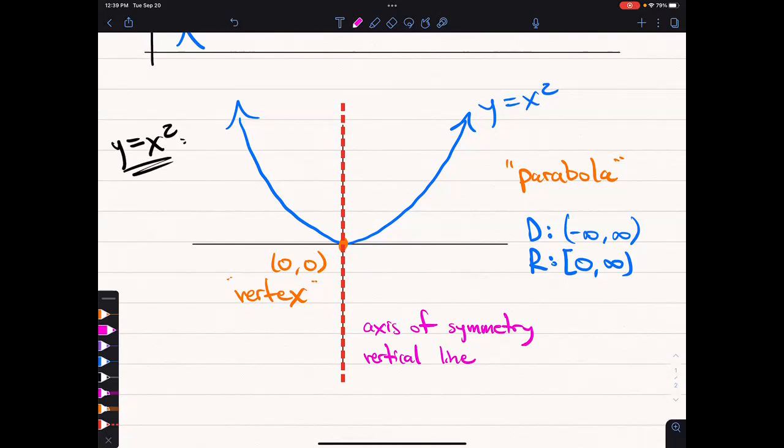It's a vertical line. This one would be, what's the vertical line that goes through the origin? How do you write the equation for a vertical line? Y equals 0 would give you all of the points. Think about a table of points.